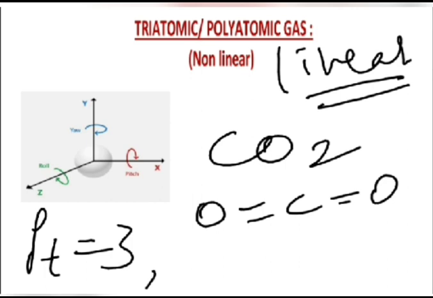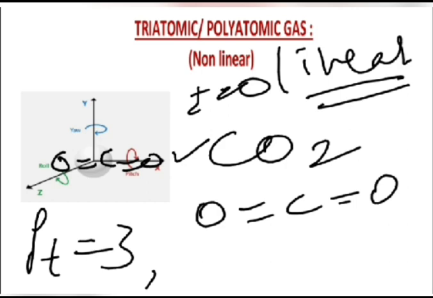Here, just try to observe. So I am considering this carbon dioxide molecule whereby carbon is exactly in the center, right? And now say this particular molecule is coinciding with reference to the x-axis, right? So since it is coinciding with the x-axis and it is a linear molecule, that means the moment of inertia across the x-axis will be equal to 0.